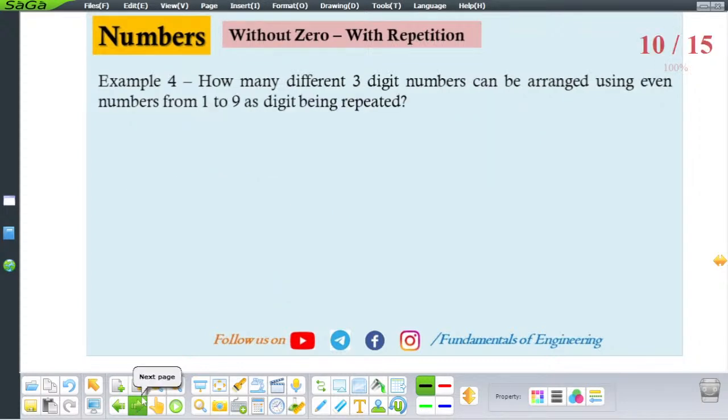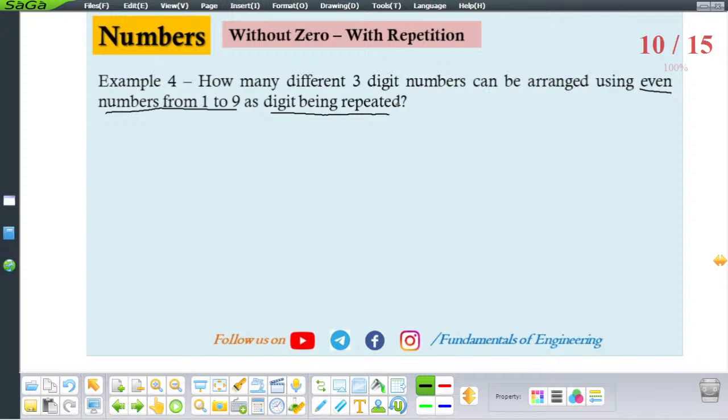Now find out the answer for this, without 0 with repetition. How many different 3-digit numbers can be arranged using the even numbers from 1 to 9 as the digits being repeated?